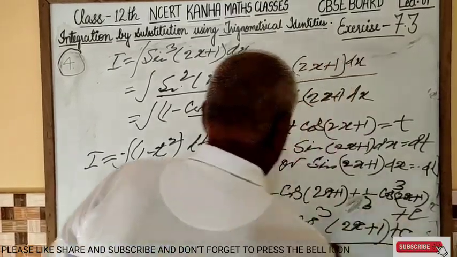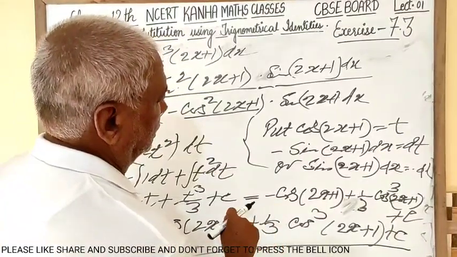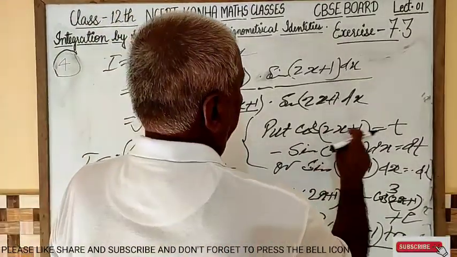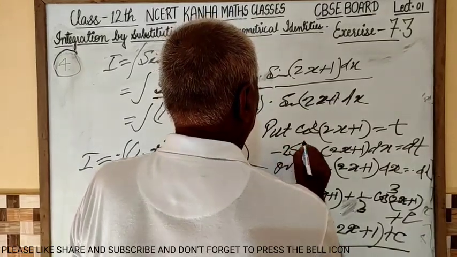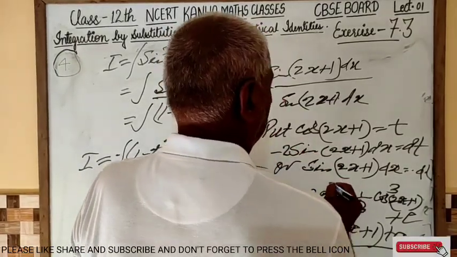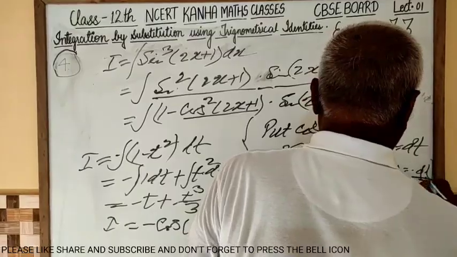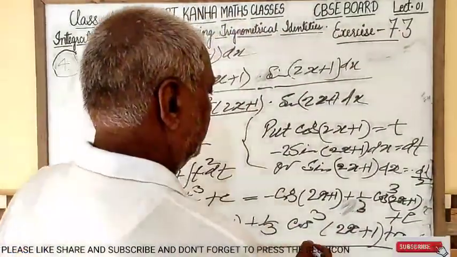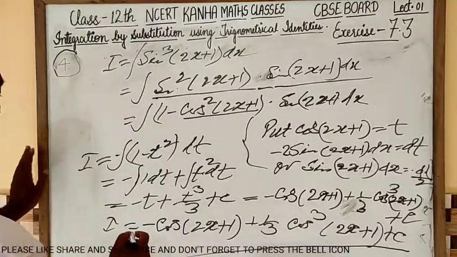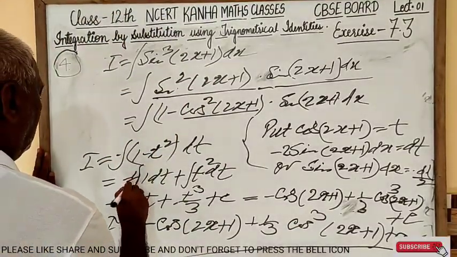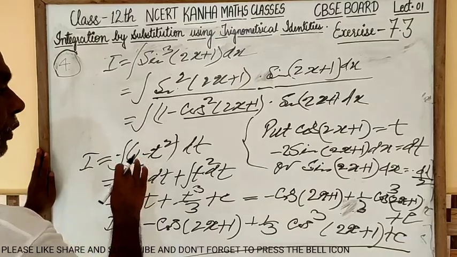Well, we have overlooked the derivative of 2x plus 1, which will be 2, so dt by 2, and it will be equal to 1 by 2 dt.